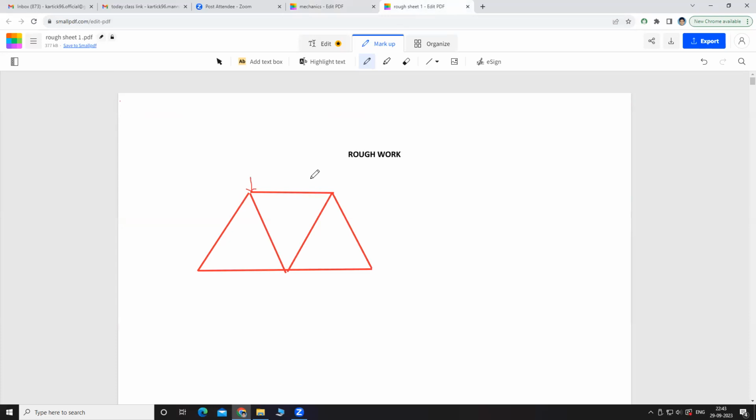Now at these two points we have supports. One is a pin support and another one is a roller support.